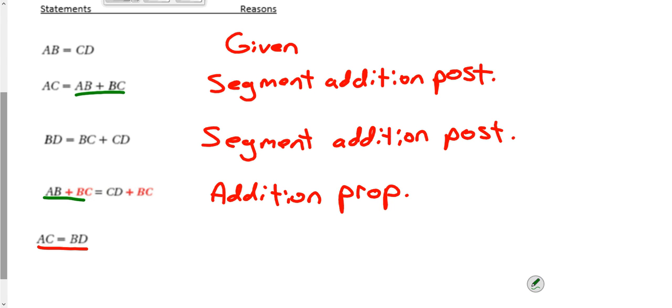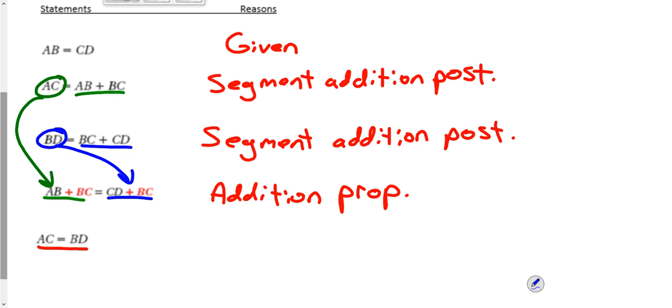AB plus BC is equal to AC. So we are substituting AC for AB plus BC. And then CD plus BC, we also see that right here, and that's equal to BD. So we're taking BD and substituting it in for CD plus BC.